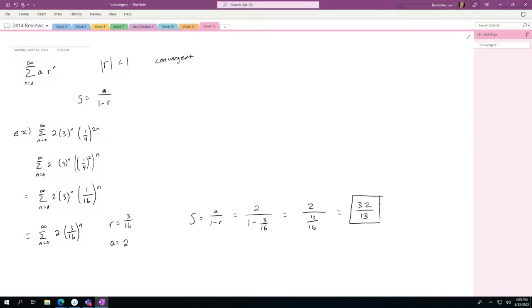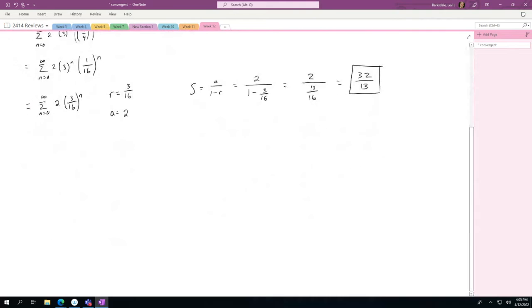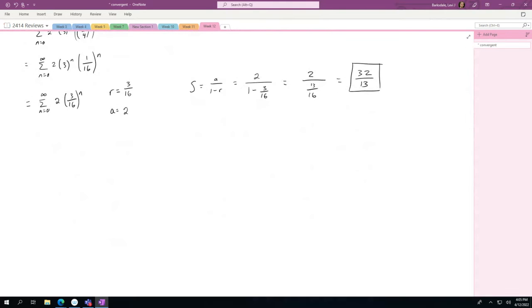Alrighty. So that's just a really brief review of some geometric series. Let's also touch briefly on some properties of convergent series. So let's say we have two series, and they both converge.